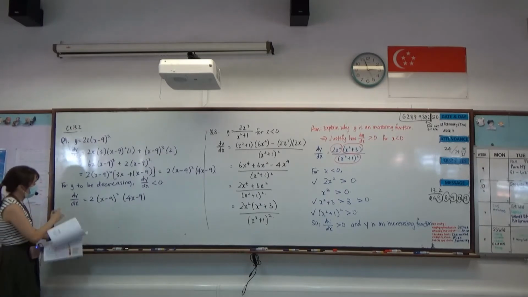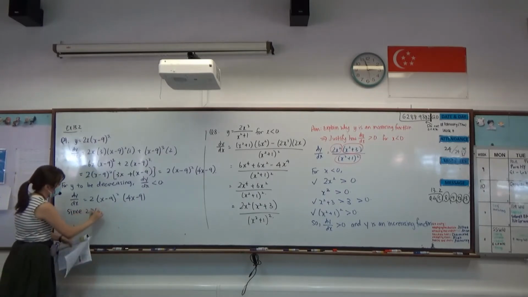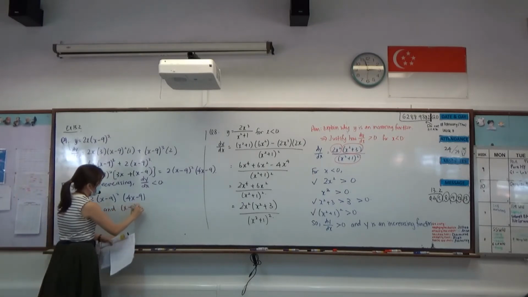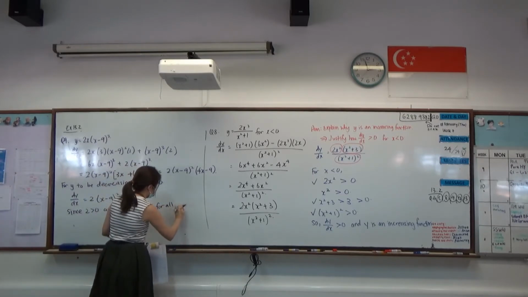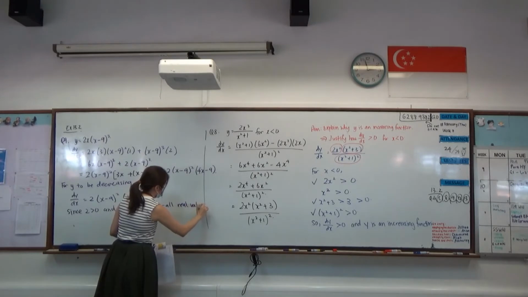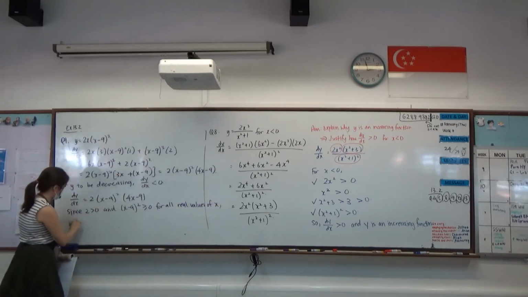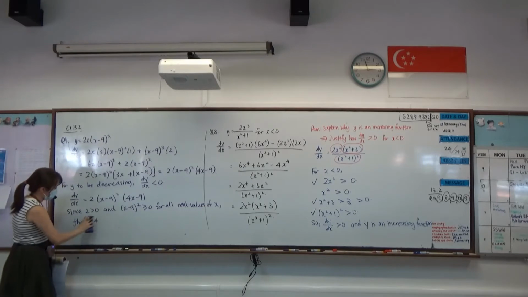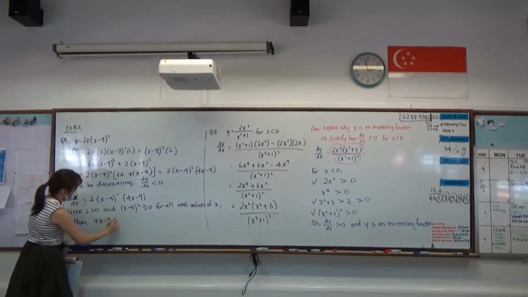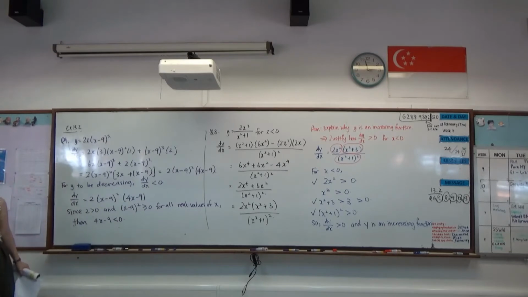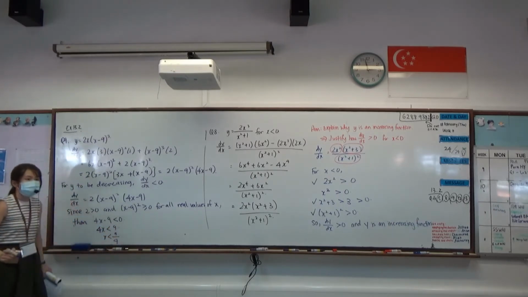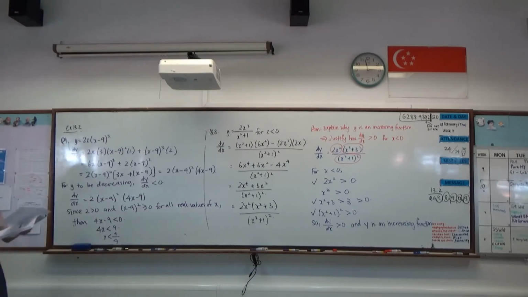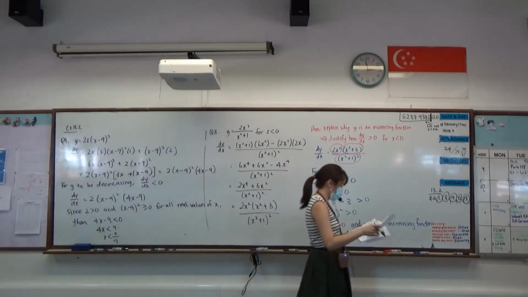Since 2 is more than 0 and x minus 9 squared is more than or equal to 0 for all real values of x, then 4x minus 9 has got to be the one that is less than 0. So 4x less than 9, x less than 9 over 4. So the answer will be x less than 9 over 4. You could write it as a mixed number, 2 1/4, that's also fine.